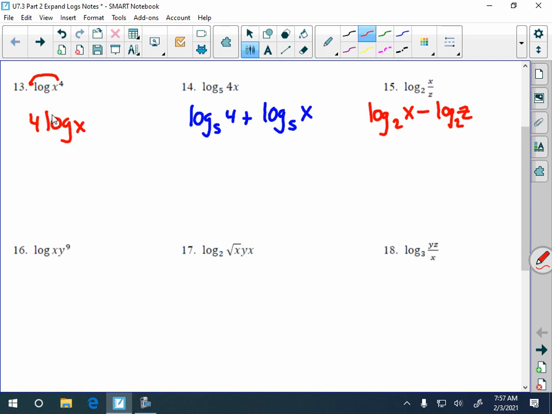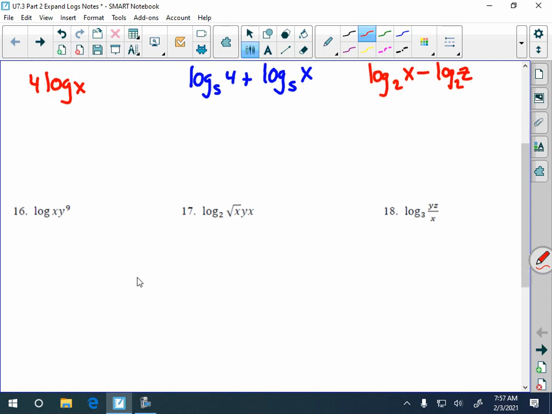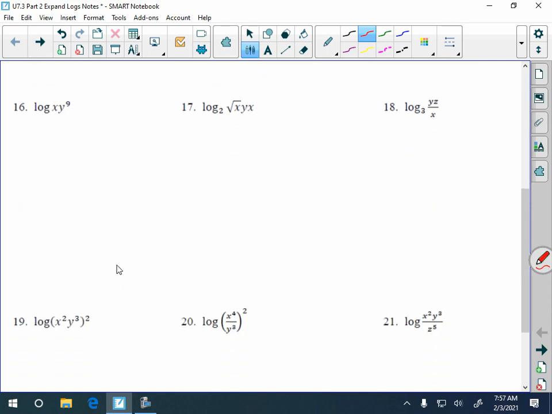All right, 16. Log of x times y to the 9th power. So we have x times y to the 9th. The multiplication has to be done first, and so we're going to expand that. Multiplication will expand into addition. So log x plus log y to the 9th.